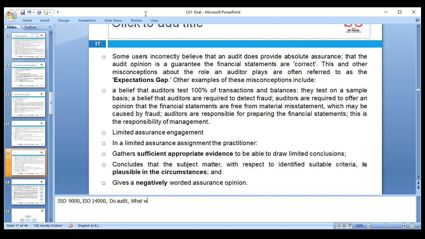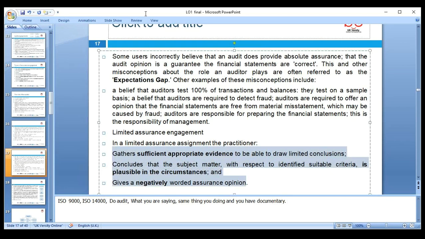So audit is all about what you are saying, the same thing you are doing, and you have documentary evidence for it. So then you are entitled to get ISO. Or even some accounting firms go for it as well. Of course, they have quality reviews by the institute, but they can go further. Yes, conclude the matters, negatively or positively.